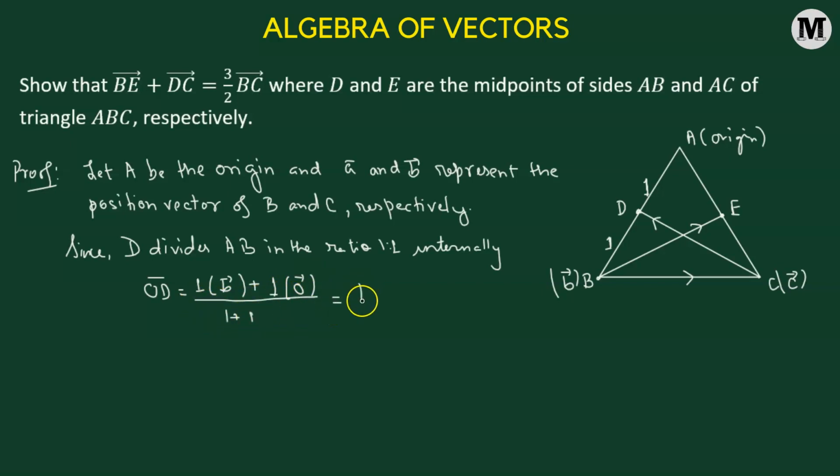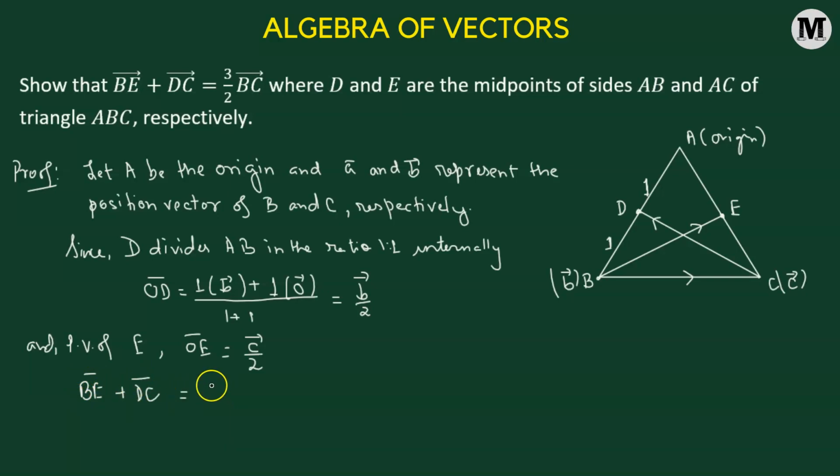So this corresponds to the vector B over 2. That's going to be the position vector of the point D. Similarly, we can find the position vector of E, which is simply the vector C divided by 2.